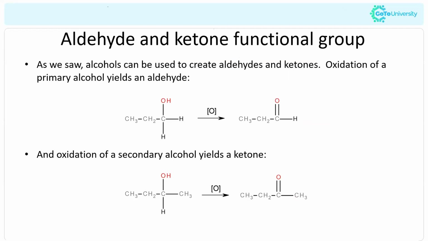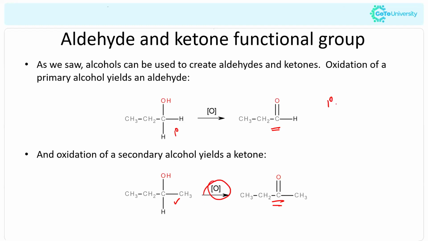If you take the alcohols, they should be primary alcohols, right? So primary alcohols, when undergoing oxidation, will convert into the aldehyde, while when you take a secondary alcohol, it will convert into ketone by oxidation reaction.